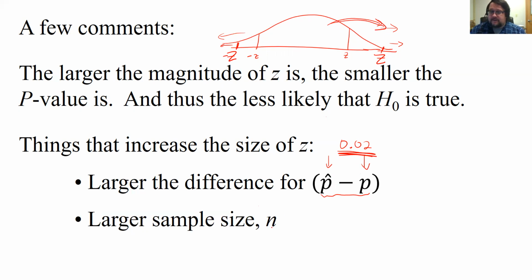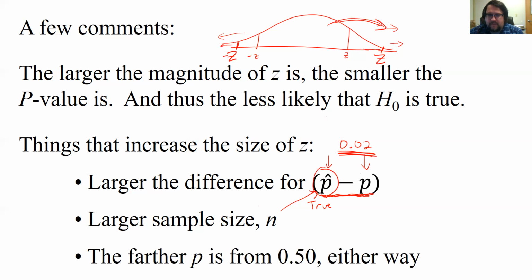So the larger the sample size, that's actually going to move you farther away, even if this difference stays the same. That might seem counterintuitive, but it's accurate. Basically, the larger the sample size, the more likely your sample proportion is the true number, or at least close to it.